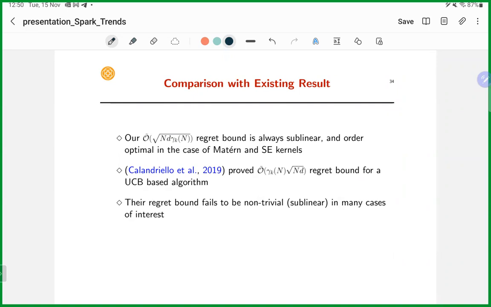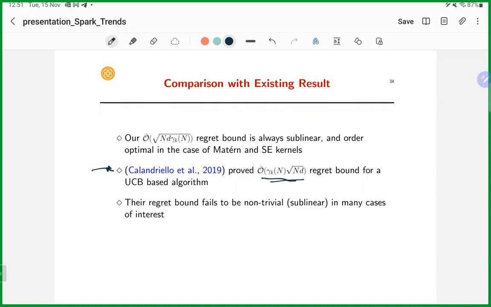So another work to compare with is a 2019 ICML paper, where they proved a regret bound of order gamma k n and square root n for an upper confidence bound based, UCB-like algorithm. This is, however, not optimum in comparison to our results. This gamma k n is outside the square root rather than being inside.